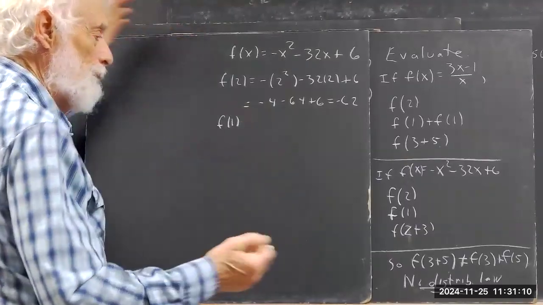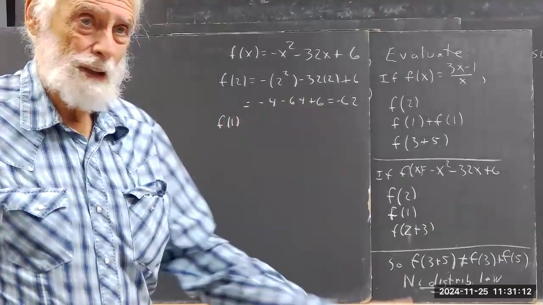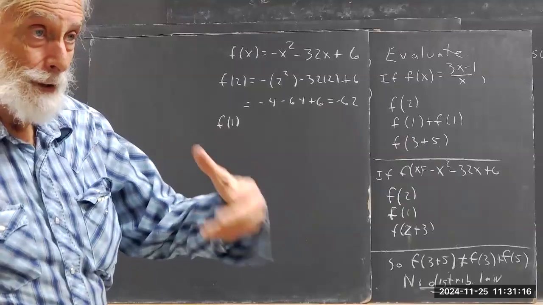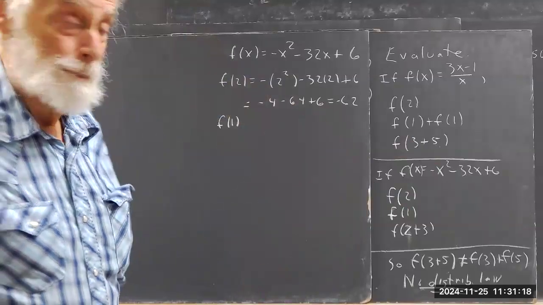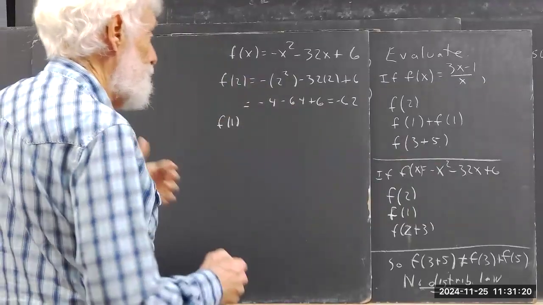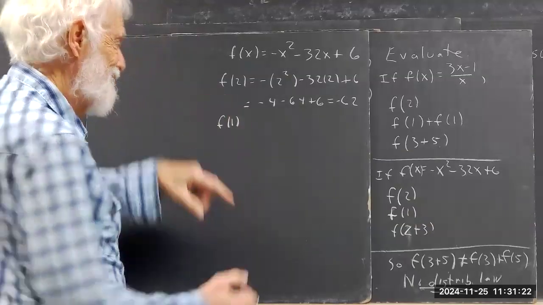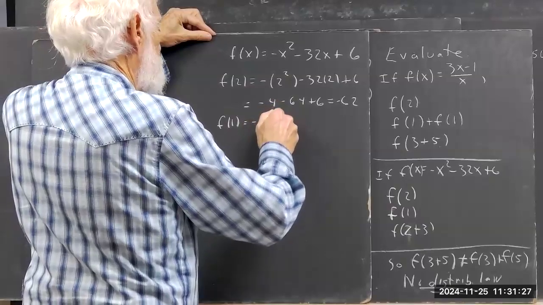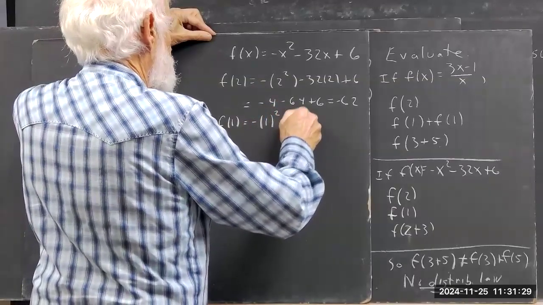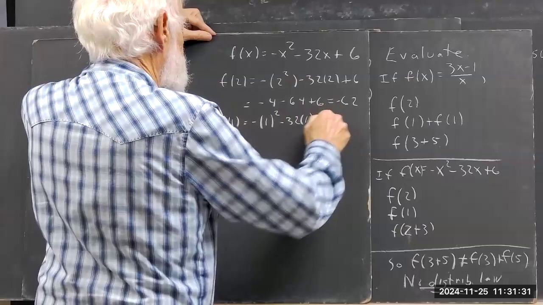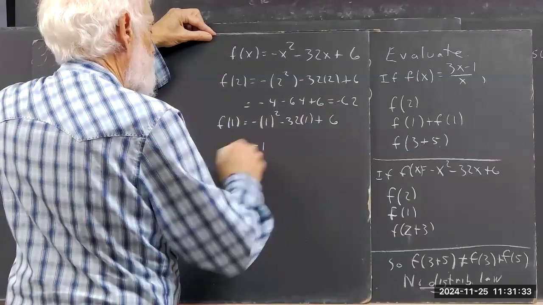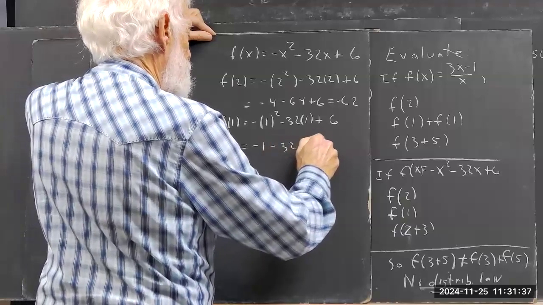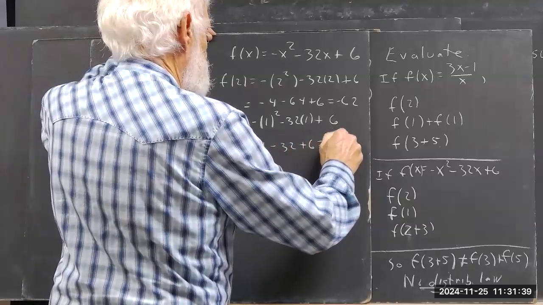Okay. But if you did make a mistake, it's not at all a problem. You can fix it very easily because, as I say, everybody's doing the right stuff here. Okay, except maybe me. F of 1, well, actually, that's negative of 1 squared minus 32 times 1 plus 6, which is negative 1 minus 32 plus 6, which is negative 27.